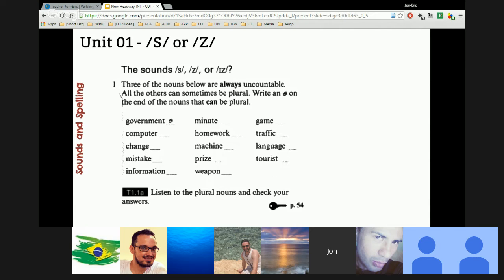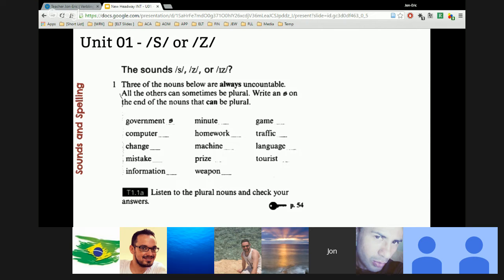S or Z? I know it's the letter S, but is it the sound S, or is it the sound Z? Listen to me. Games. The sound Z. It's the Z. Okay. Let's do the last three, and then we'll go to the rules.